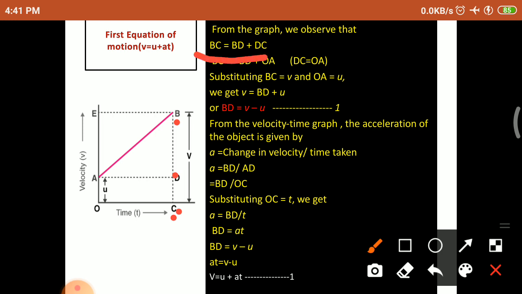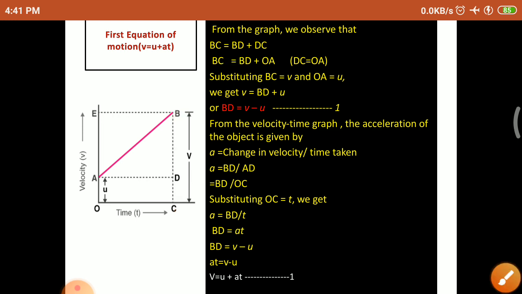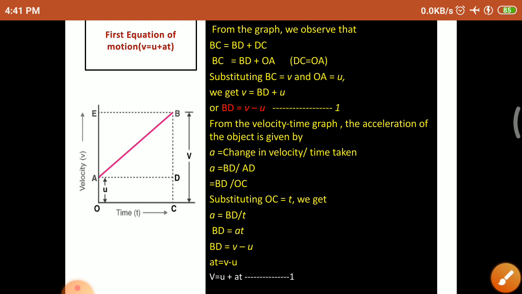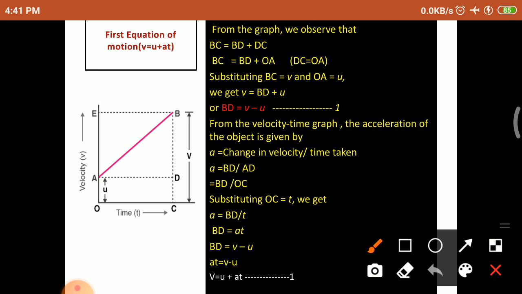Here DC and OA are equal in value, so DC is equal to OA. So BC equals BD plus OA.